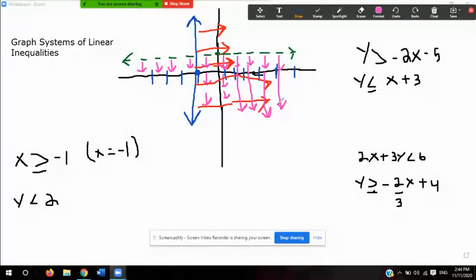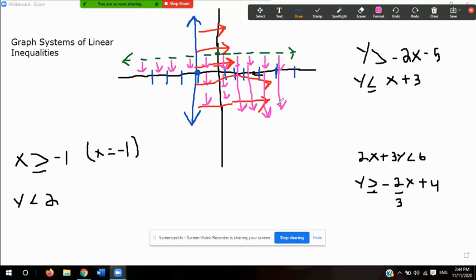Now we don't have to give a specific answer to them. Don't worry if you're like, okay, so what number do I use? You don't have to. All you need to know is that the answer lies in the regions where the shaded colors overlap. In this case I used the pink arrows for y is less than 2, and the red arrows for x is greater than or equal to -2.